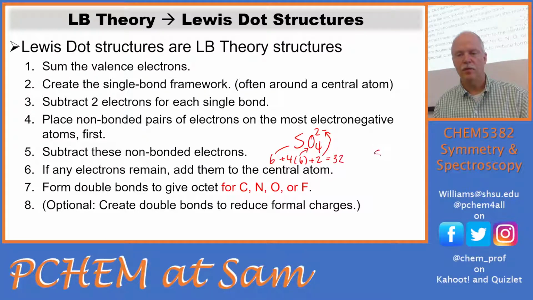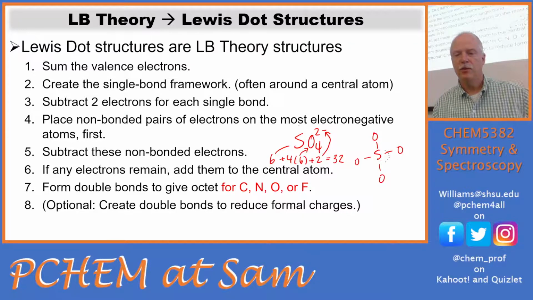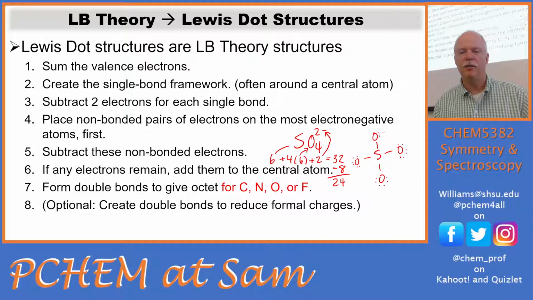Okay, so then we have sulfur, oxygen, oxygen, oxygen, oxygen. So 2, 4, 6, 8. We've used up 8. We have 24 left. Okay, and they go on the more electronegative atom, which would be oxygen. 1, 2, 3, 4, 5, 6, 7, 8, 9, 10, 11, 12, 13, 14, 15, 16, 17, 18, 19, 20, 21, 22, 23, 24. So we're done.